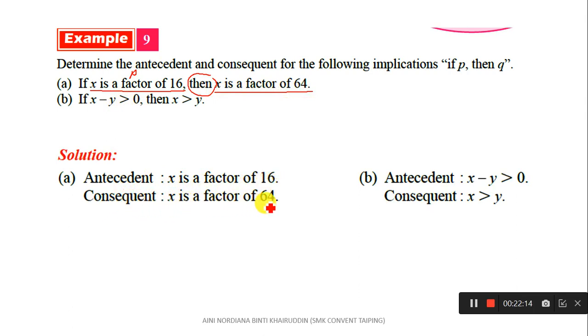Consequent: x is a factor of 64. If, then. So this is the antecedent, this is the consequent. Very easy to identify: the antecedent is after the word if, the consequent after the word then.